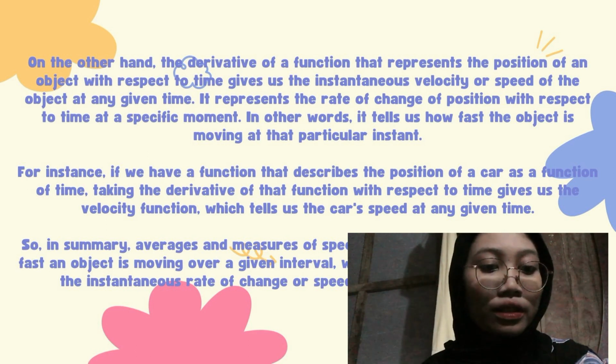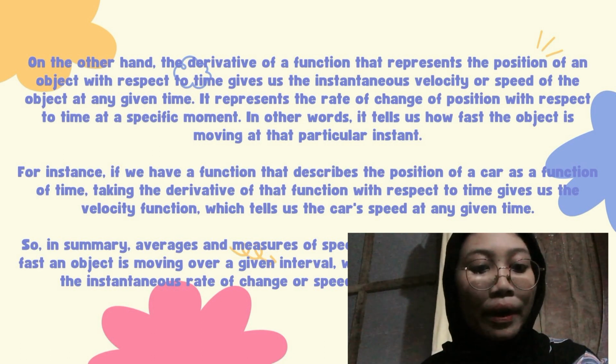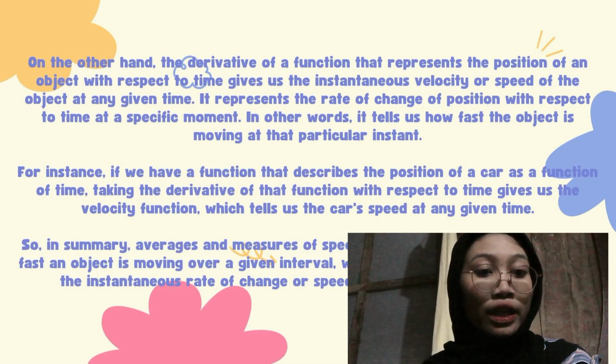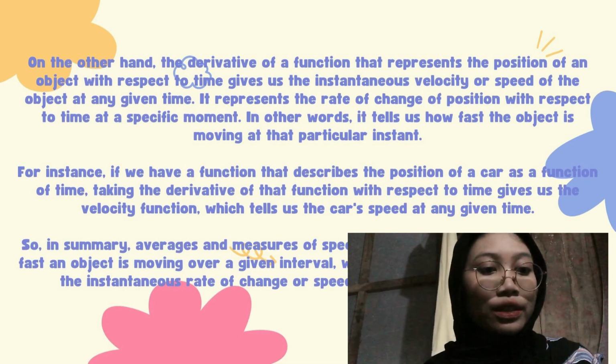It represents the rate of change of position with respect to time at a specific moment. In other words, it tells us how fast the object is moving at a particular instant.